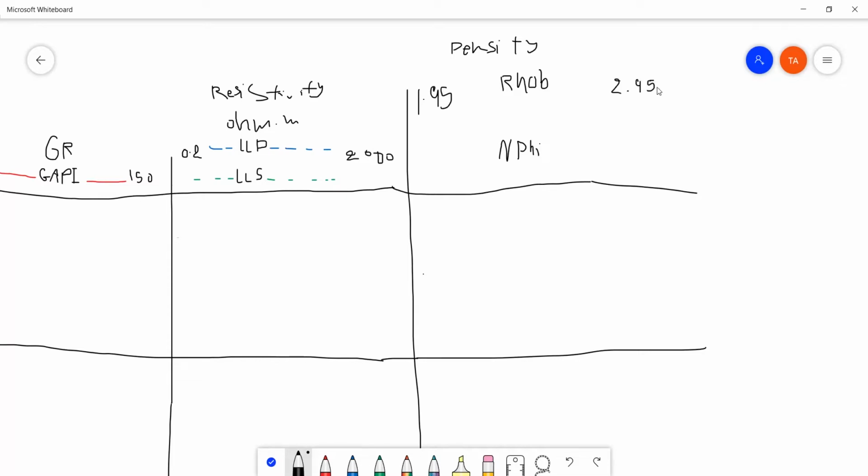You have to know the units of these logs and the limits of these logs. And the unit of RHOB is gram per cubic centimeter.